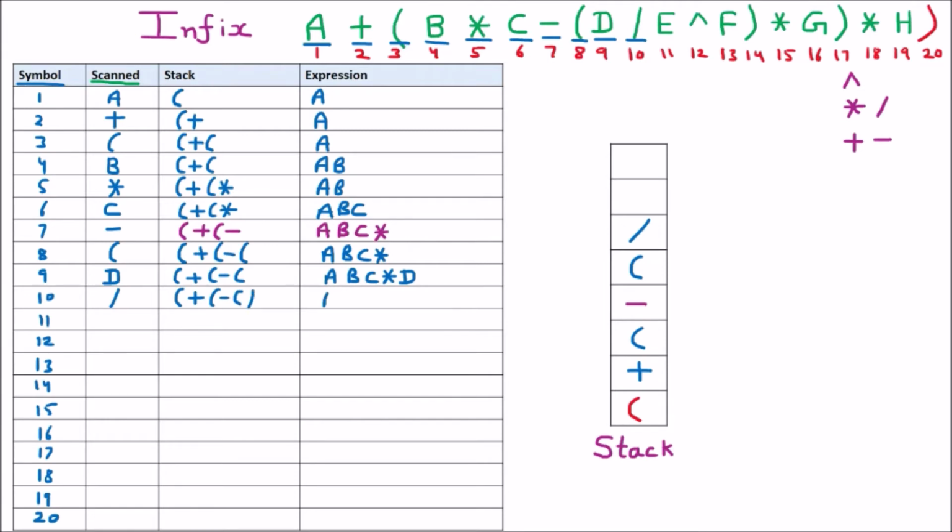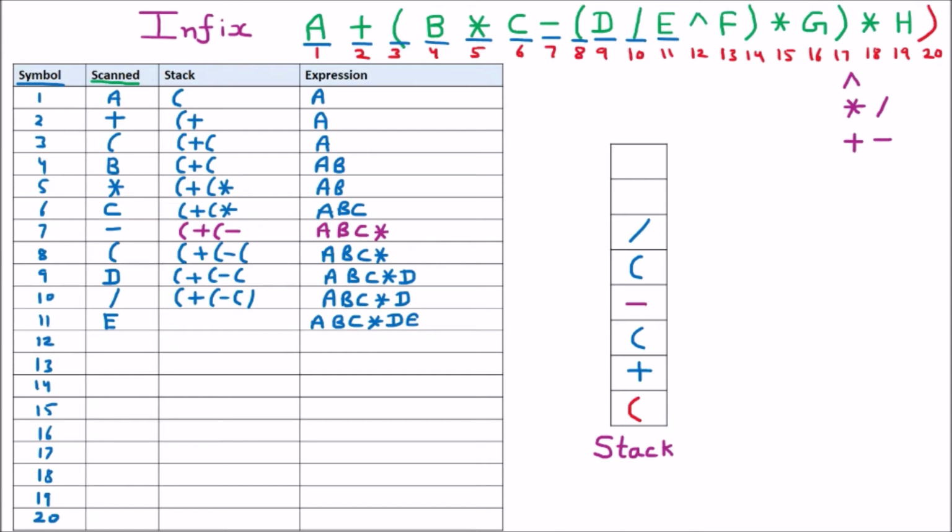The expression is the same, A, B, C star and D. Then the 11th symbol, which is E. So E is scanned. E is an operand, so it will come after the expression A, B, C star D, E.